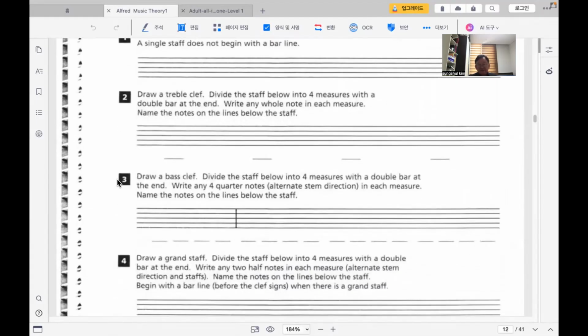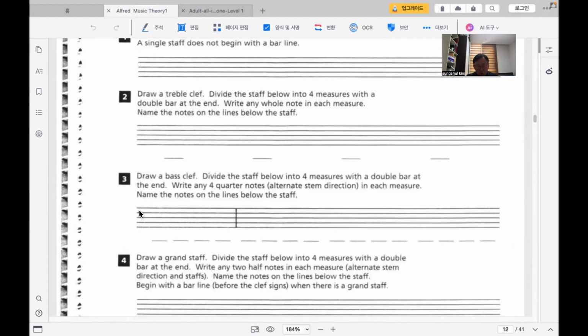Exercise 3. Draw a bass clef. Why? To make a low pitch range. Draw it like this, and then divide the staff below into 4 measures.